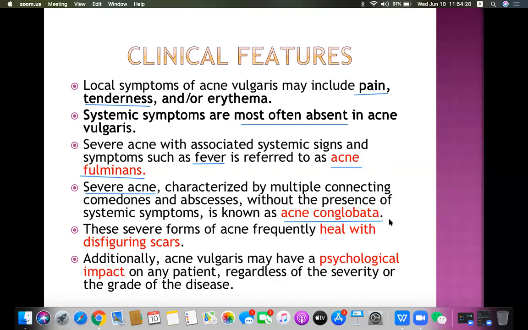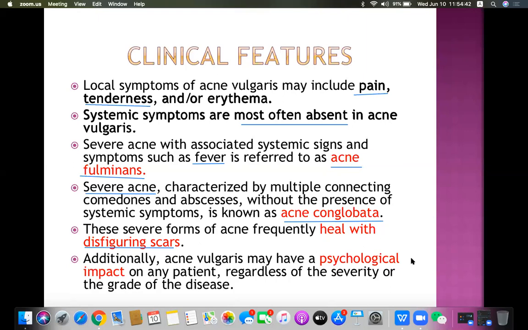Please remember that. Now, what happens to these lesions? These severe forms of acne heal with disfiguring scars. They form very bad looking scars on the face. And this is a worrisome point regarding acne fulminans and acne conglobata. Remember, that is a young person, an adolescent or very young adult.